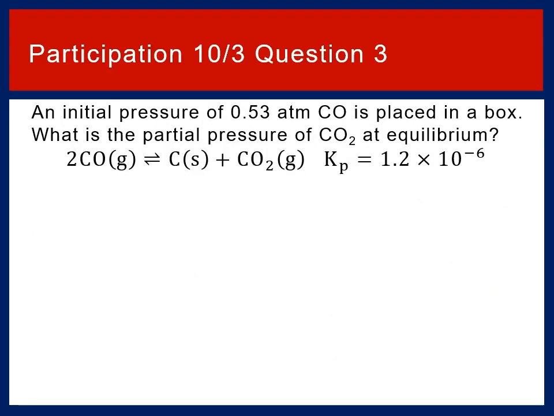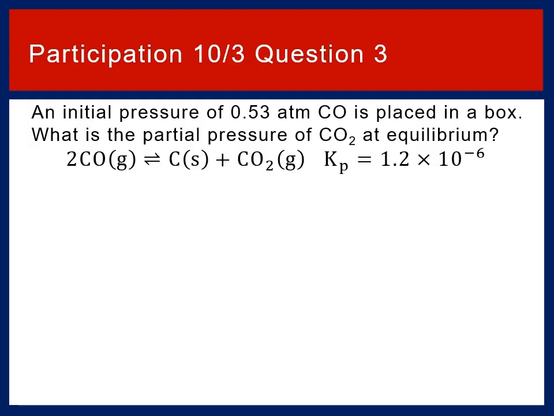Participation 10.3, question 3. An initial pressure of 0.53 atmospheres of CO is placed in a box. What is the partial pressure of CO2 at equilibrium? The reaction is 2CO gas becomes C solid and CO2 gas. Equilibrium constant Kp is 1.2 times 10 to the negative 6th. This is the third question on participation 10.3, due Friday, October 3rd at 11:59 p.m. over on Blackboard.